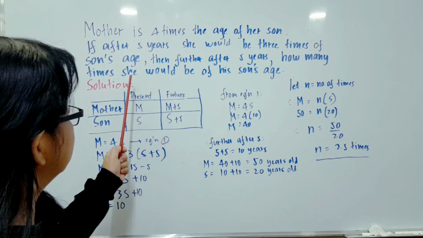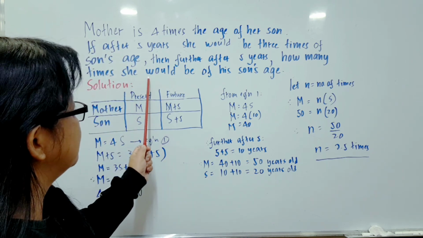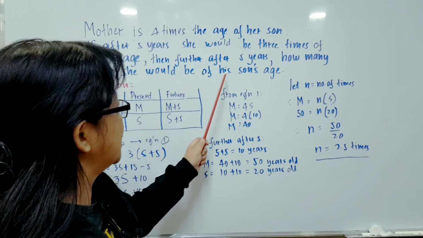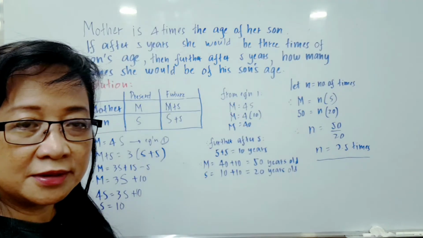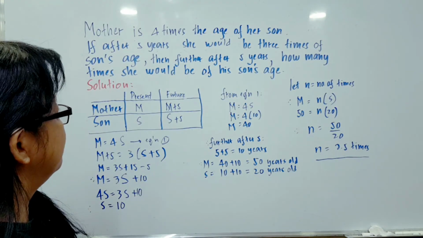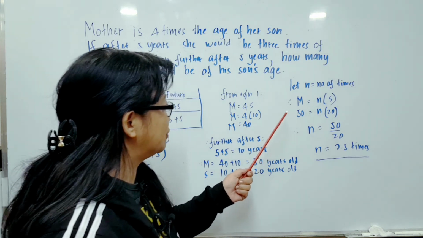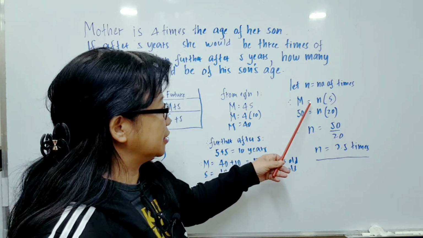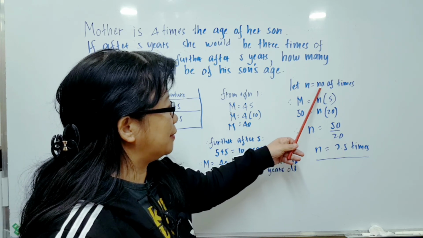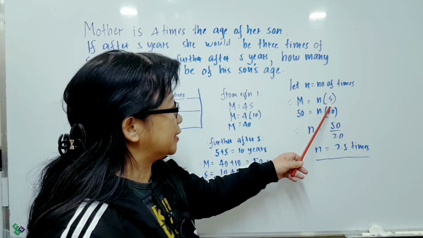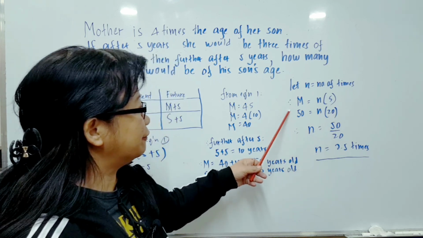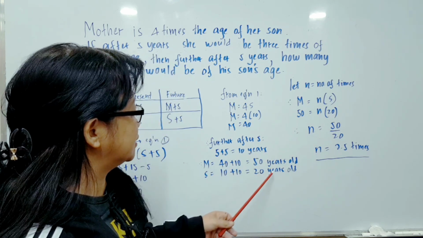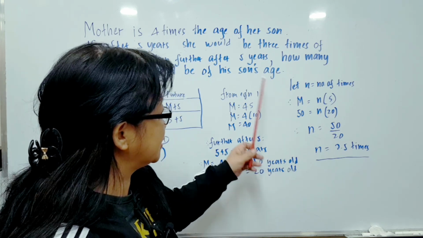Now, the question here is how many times she would be of his son's age? Then how many times the mother be of his son's age? So, of course, the mother age is equal to n, which is the number of times, multiplied by the son age. Therefore, the age of the mother, which is equal to 50, that is after 10 years.